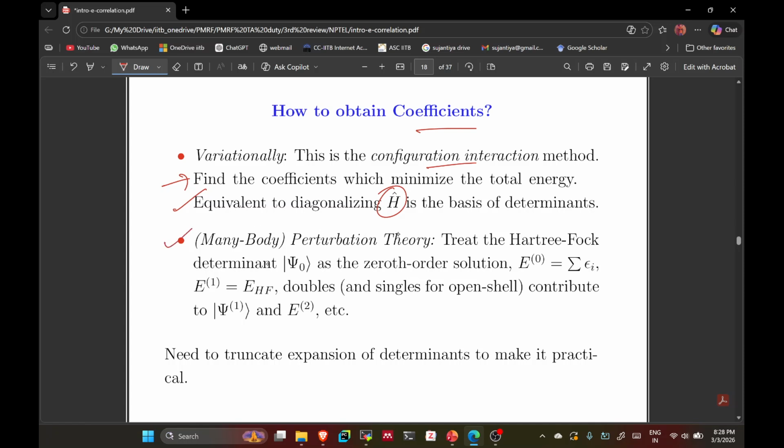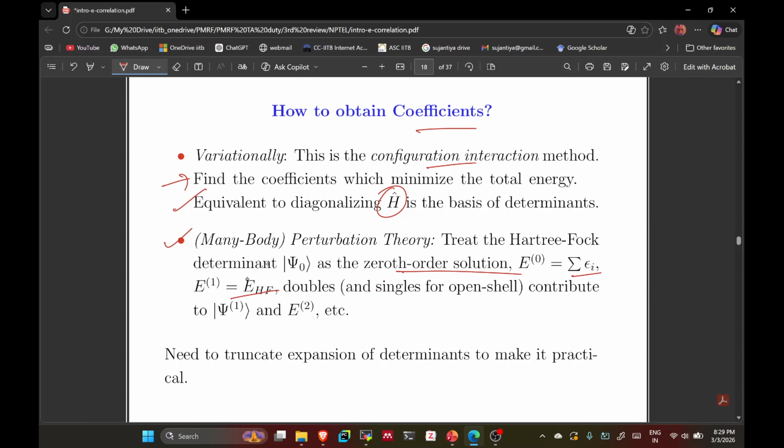Or many-body perturbation theory. Treat the Hartree-Fock as a zeroth-order solution and you expand the total wave function in terms of a perturbation series. I think this is wrongly written. Actually, if you take E0 plus E1, that gives you E Hartree-Fock.